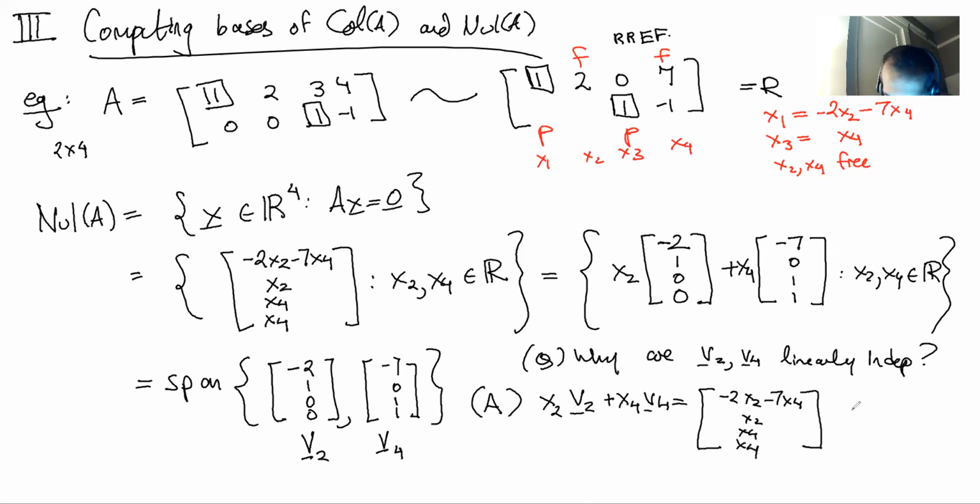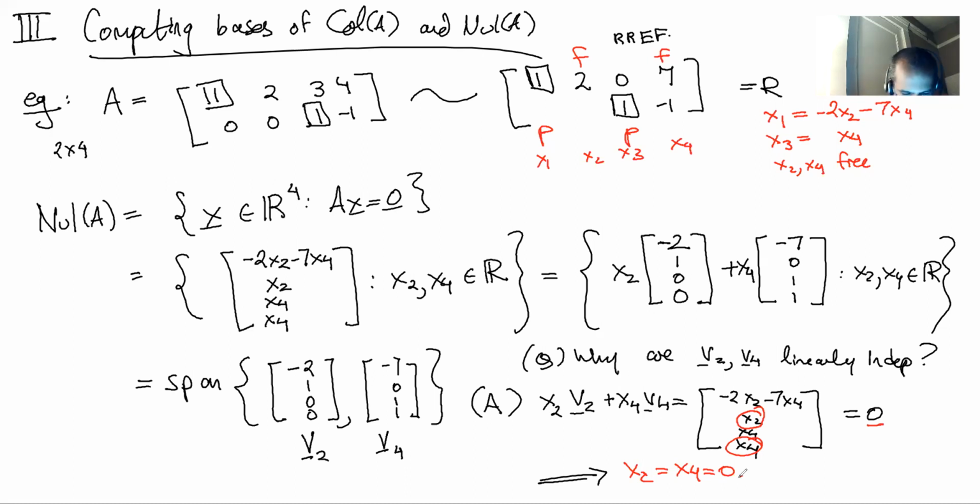And linear independence means this being 0 implies that the coefficients have to be 0. But it's actually staring at us. Two of the entries here are the coefficients themselves. So this implies x2 equals x4 equals 0. That's it. So you kind of get it for free.